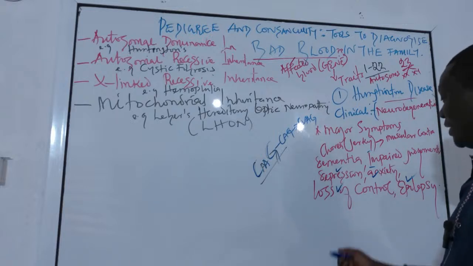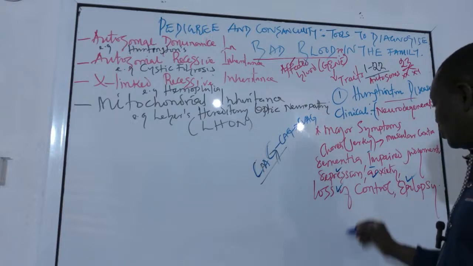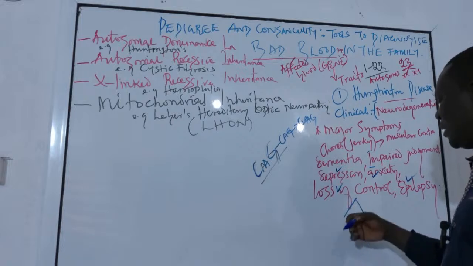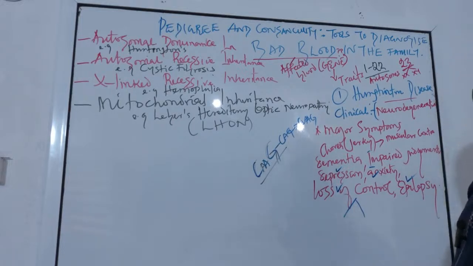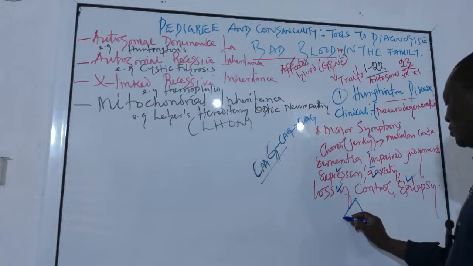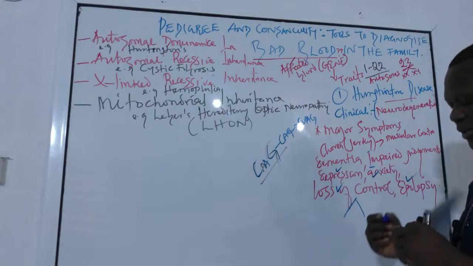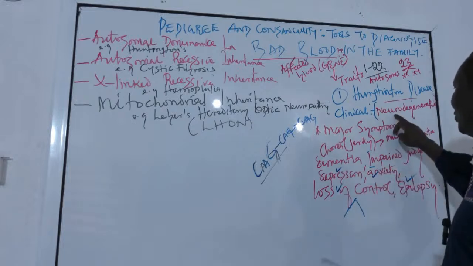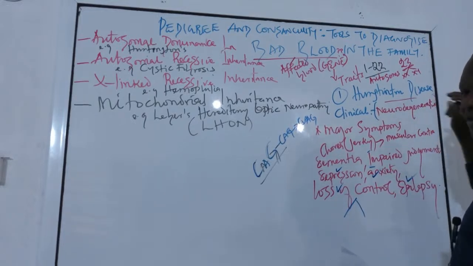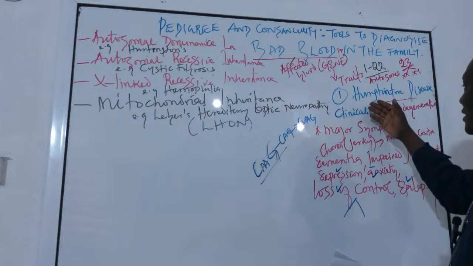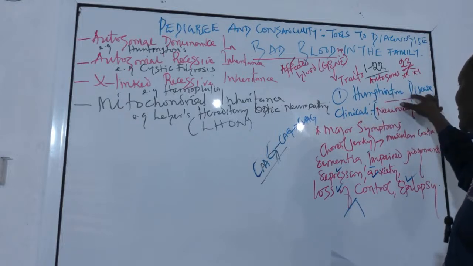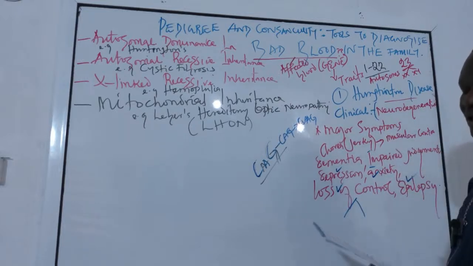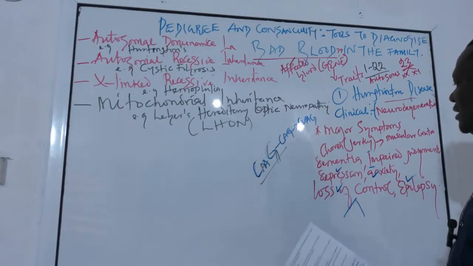At a point in time when there is loss of control, the person will even urinate on itself. All these conditions will come down. That's why they call it a neurodegenerative disorder. Some places don't want to call it Huntington disease, they will rather call it neurodegenerative.